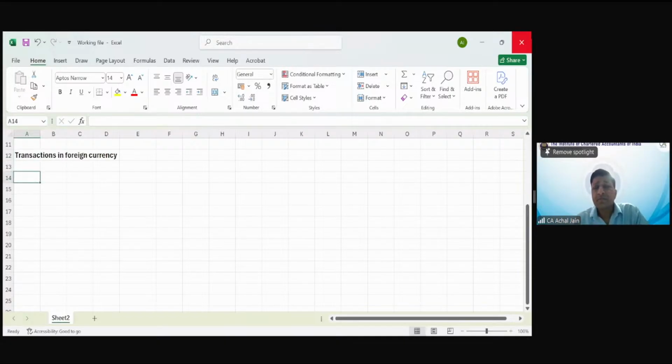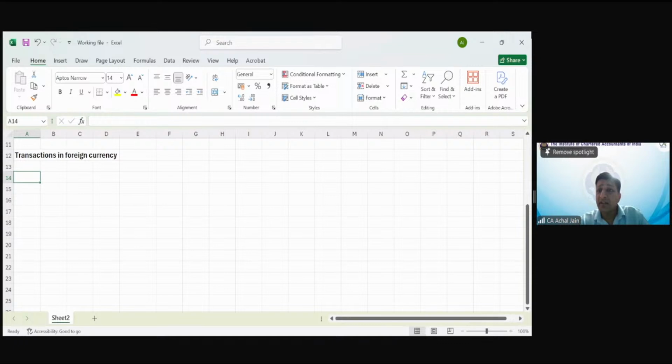Okay. So the standard says that if there is any transaction in foreign currency, what do you do? On the date of the transaction, you convert that foreign currency into INR and then record this in the books of accounts.